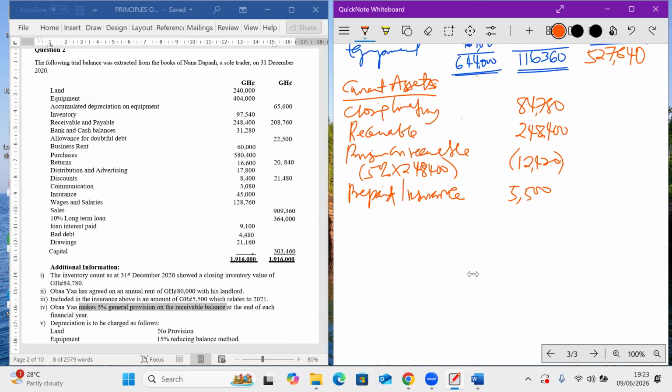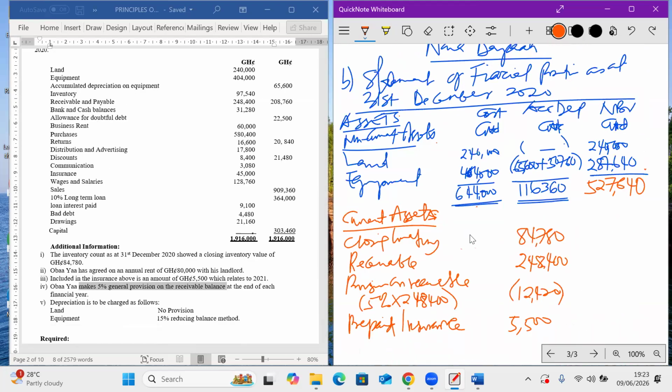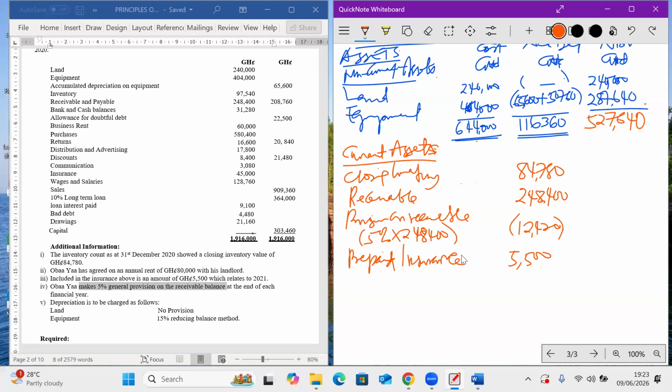So we didn't bring the 10,088 there. We rather sent the 5%, which is in the additional information, the end of year value, the closing balance on the provision for receivable. That's what we took to the current assets. Are you getting it?